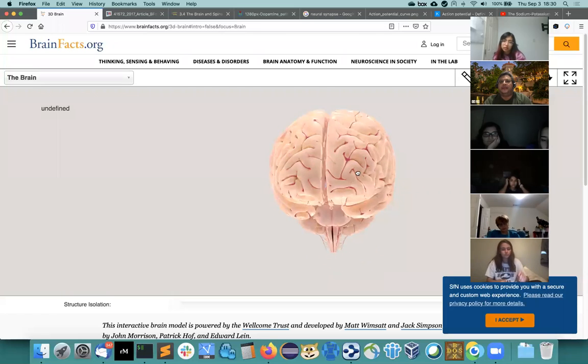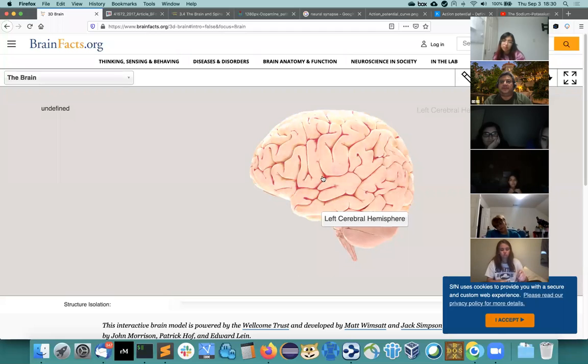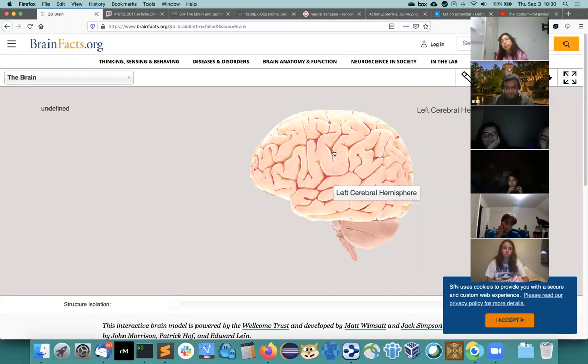And you'll notice that the brain is all wrinkled. You have these wrinkles, these hills and valleys, right? The hills are called a gyrus or gyri, and the little valleys are called a sulcus or sulci.